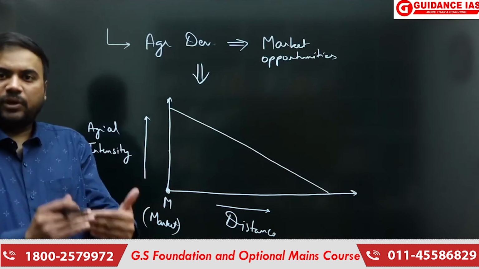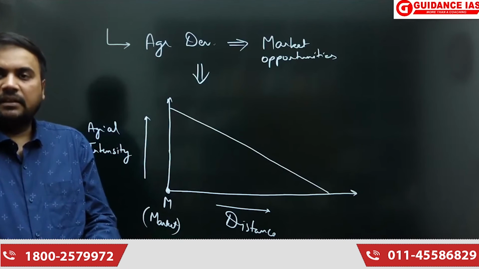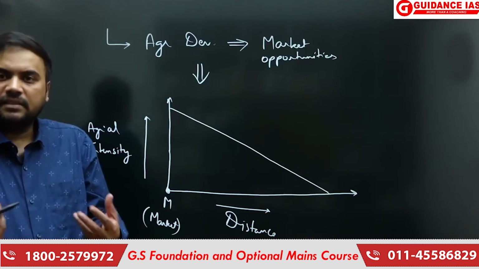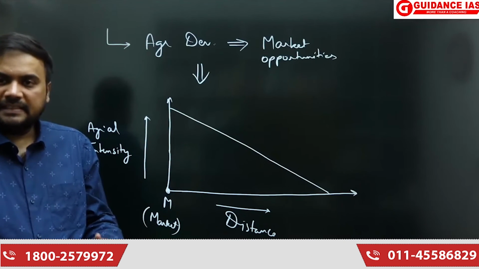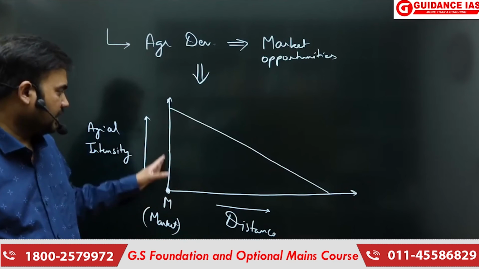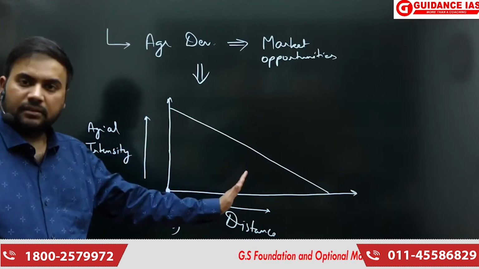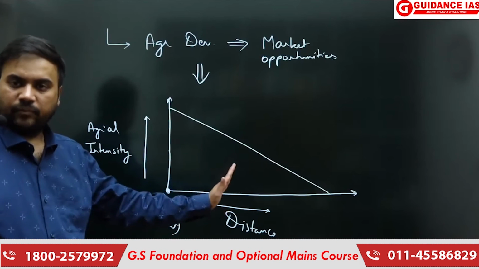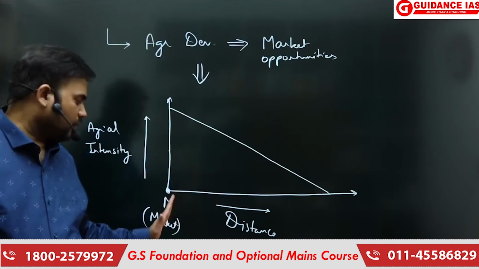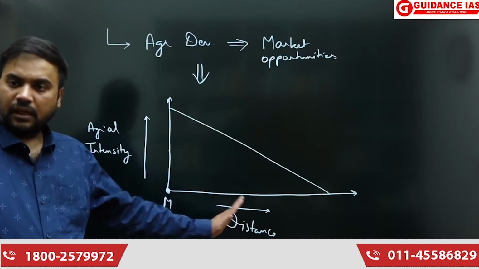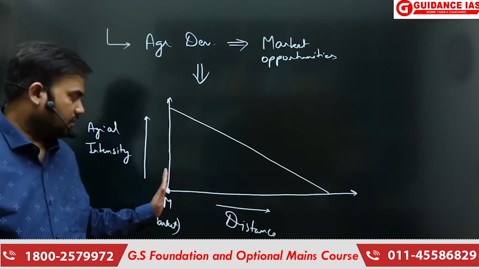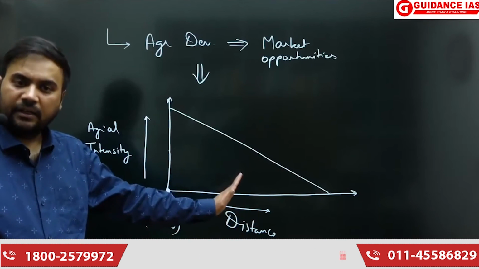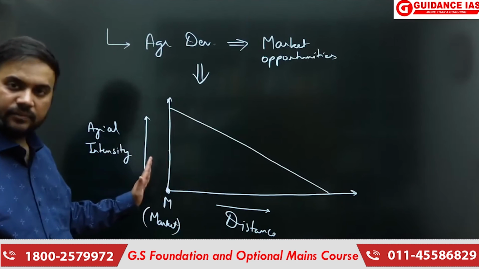This is just putting things in graphical form, it is description, it is less explanation. But if I also say that there is distance decay as you move away from the market, distance decay applied with respect to agricultural intensity.